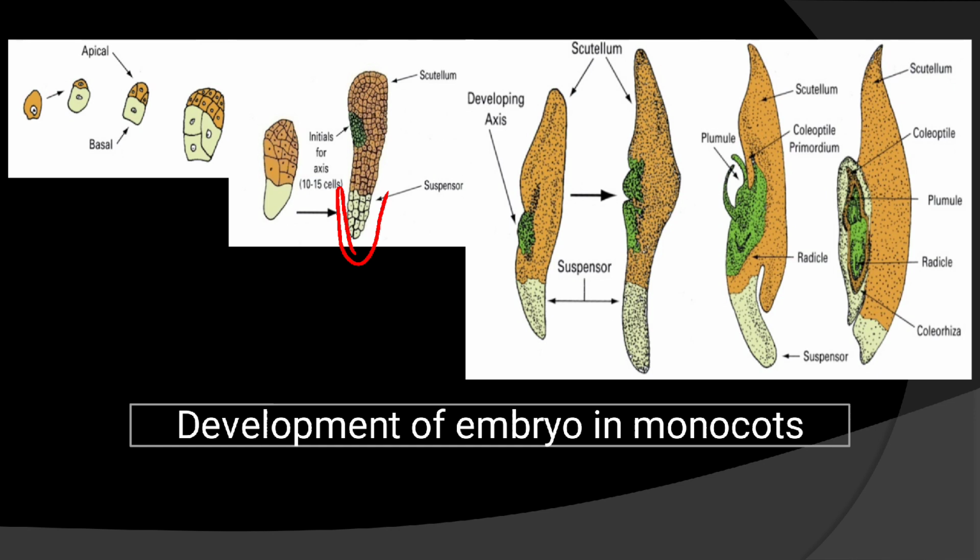Now what happens? I am talking of late globular stage. This is a late globular stage where you can see at one side the cells grow very fast, rapidly, and they form embryonal axis. Now what is embryonal axis?